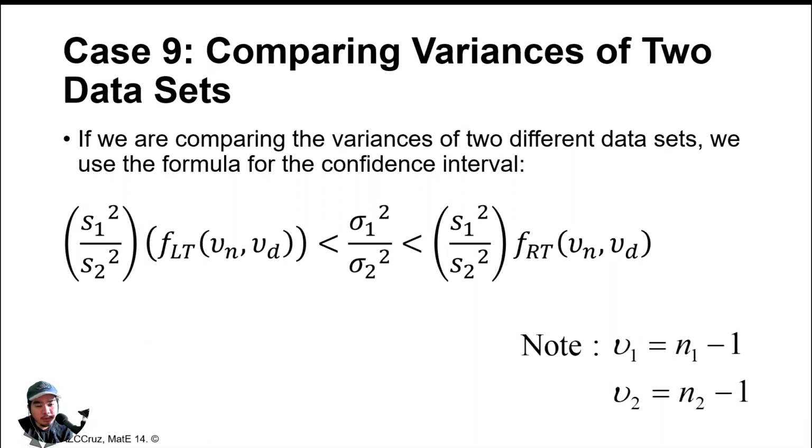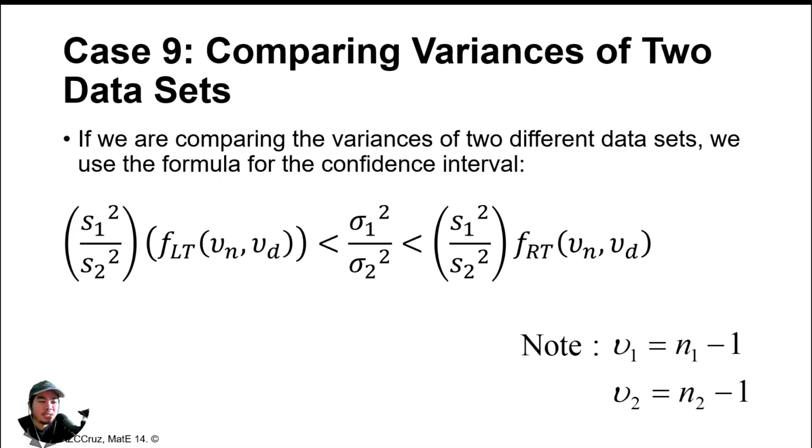Sometimes df is written, sometimes nu is the symbol used. They both just mean degrees of freedom. Then, notice that in comparing variances, it is not a difference. It's actually a fraction.